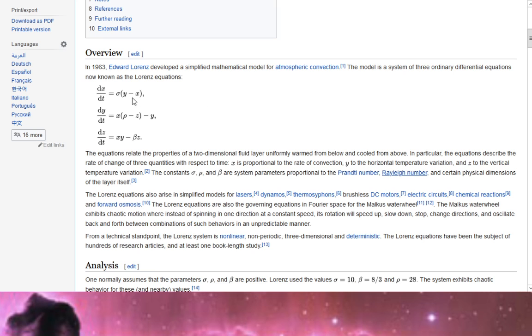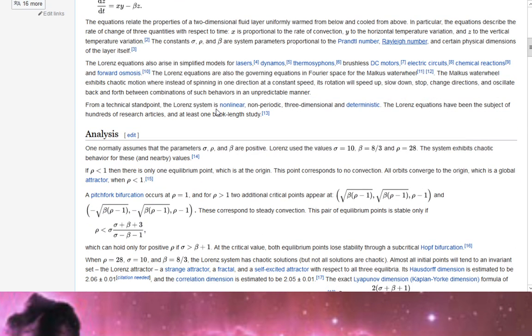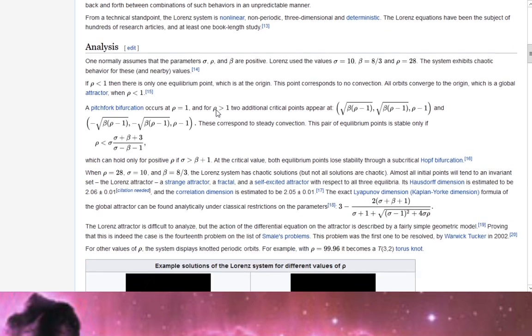This is a little complicated. It's dx over dt is rho times y minus x. dy over dt is x times p minus z minus y. dz dt. So they are plotting it in three dimensions. But these are real numbers.